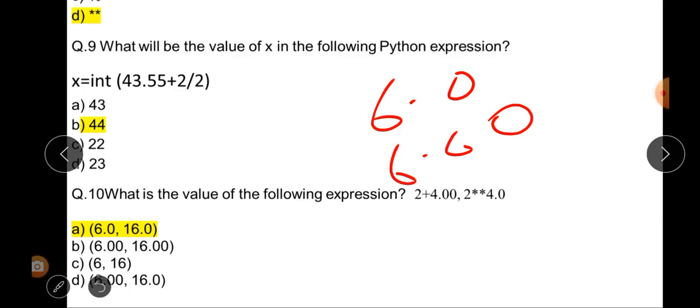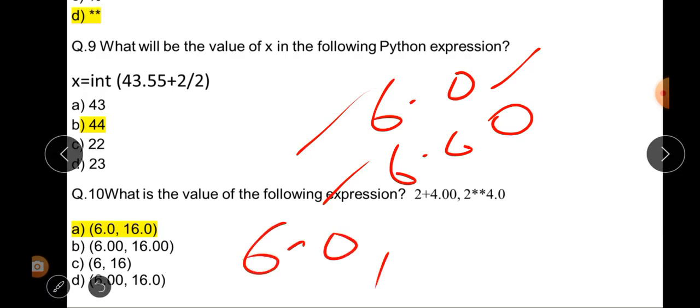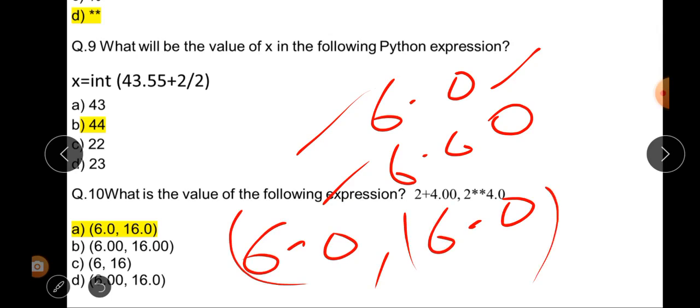Now both 6.0 and 6.00 are float values, but in such a case we always take the minimum representation of a float value. So our answer should be 6.0. So the answer is 6.0 comma 16.0. That is the answer.